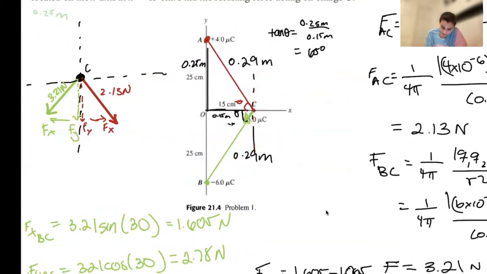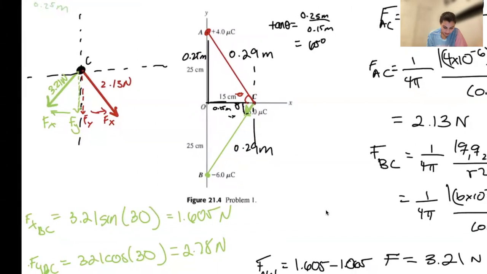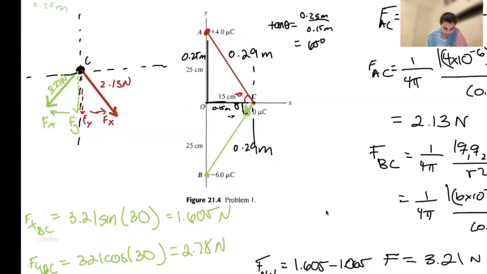I'm looking at the angle from here to get that X and that Y. So this is the sine: my Fx of B on C is 3.21 times sine of 30.